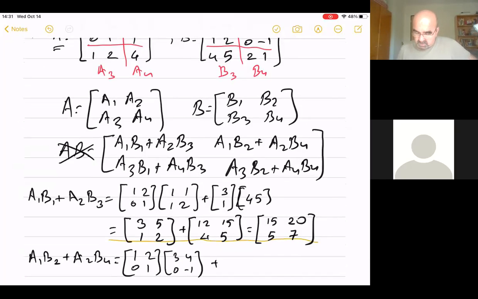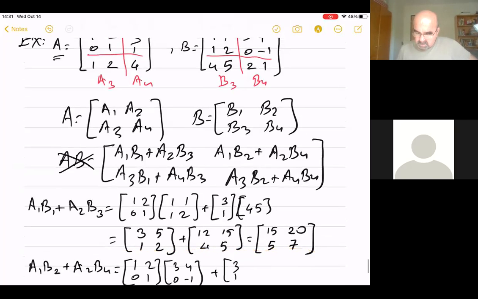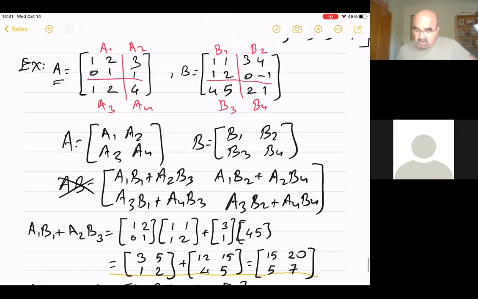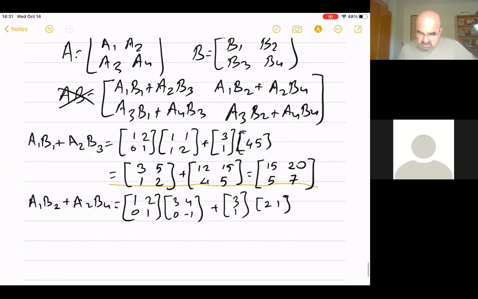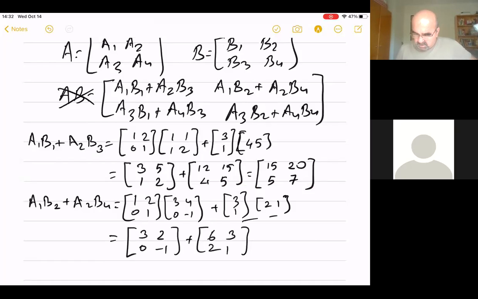B4 is 2, 1, like this. Let's multiply these matrices. It is 3, 4 minus 2 is 2, 0 minus 1, plus the multiplication of these two matrices, which is 6, 3, 2, 1. And when you add them up, it is 9, 5, 2, 0.